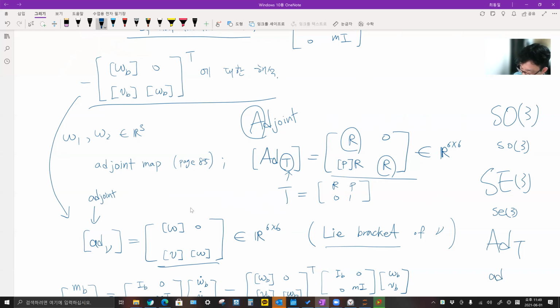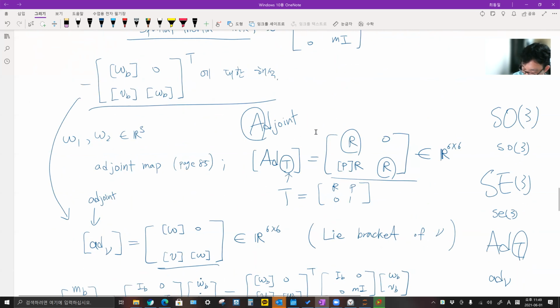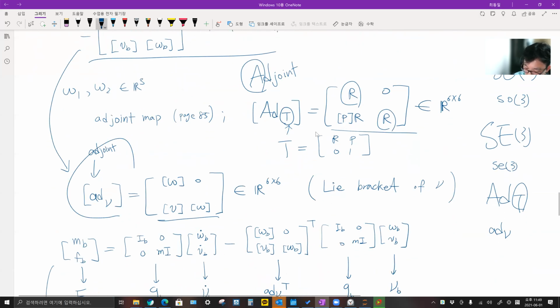In this case, we use twist here, and here we use T. This one is a different thing, and we call this one the Lie bracket of twist V. We added this V symbol here because this one has a physical meaning as small adjoint.